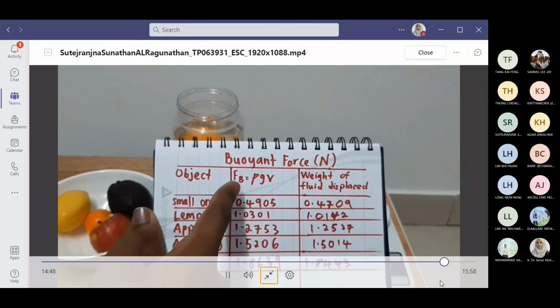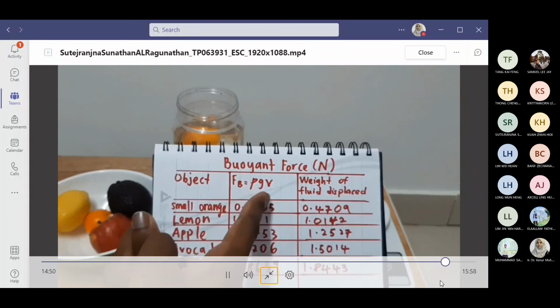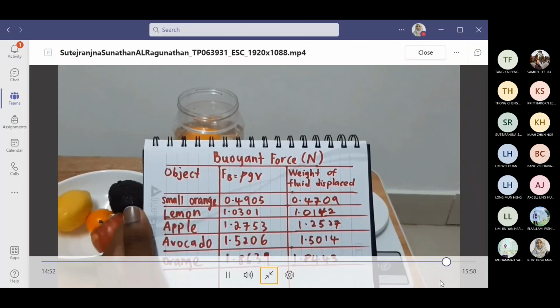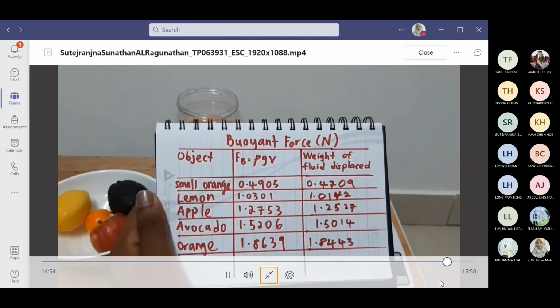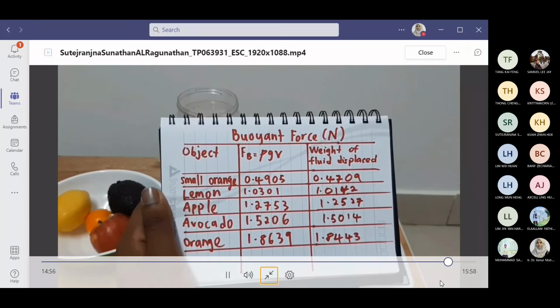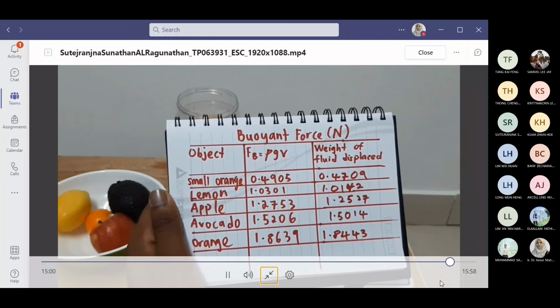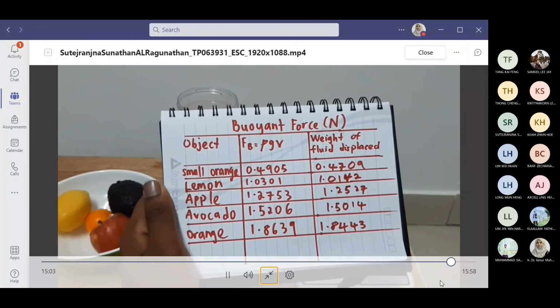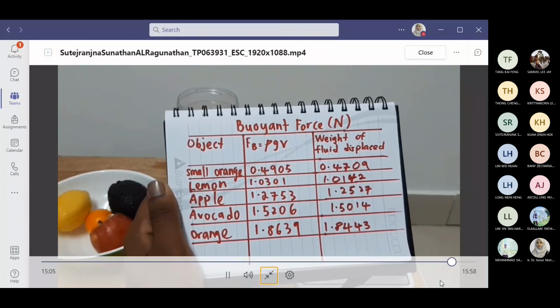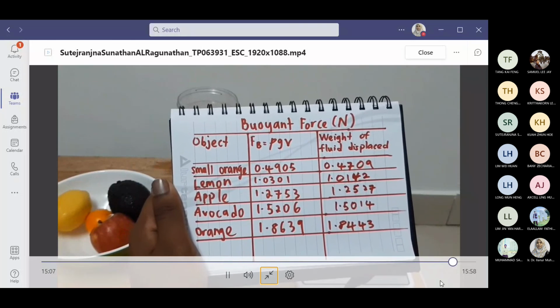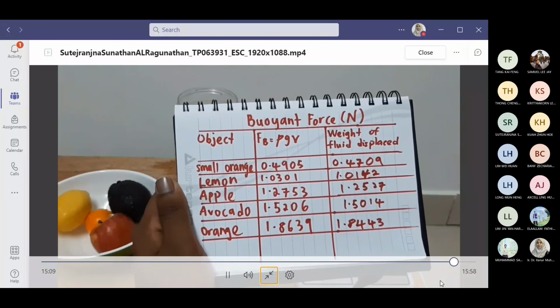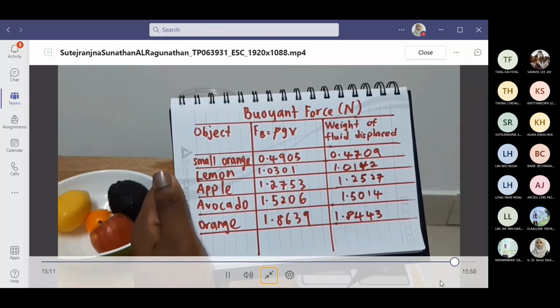For example, for buoyant force equals rho g V, the density of the fluid might be different than what we thought. We set the density of water to be 1000, but maybe there were impurities in the water which affect the density of the water, and that might have affected the calculation.